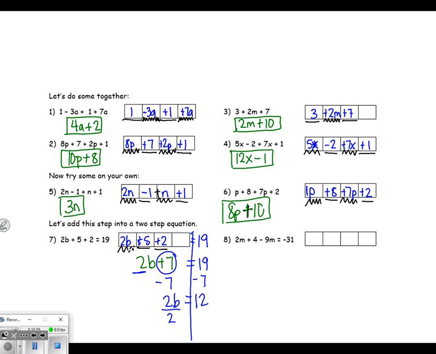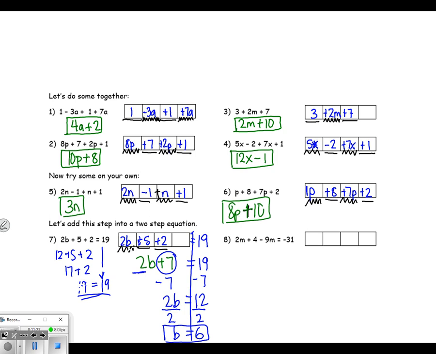Then I need to deal with my coefficient by dividing by 2 on both sides, which leaves me b equals 6. I'm going to put that up in here. 2 times 6 is 12, plus 5 plus 2. 12 plus 5 is 17 plus 2, and 17 plus 2 is 19, which does equal that 19. So I know that that is correct.